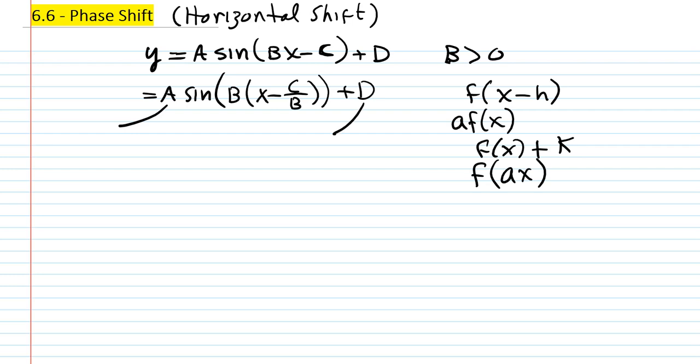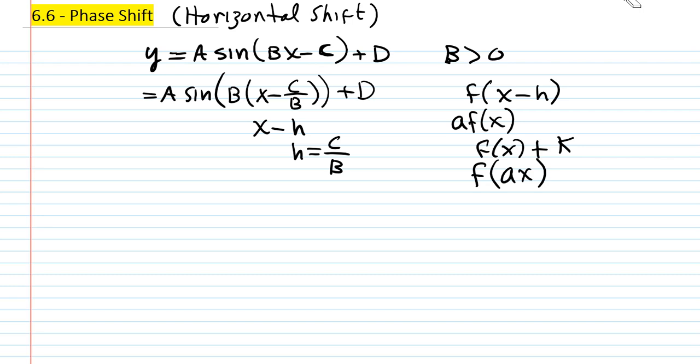We have a vertical shift, and we have a positive constant, which causes a compression or a stretch in the horizontal direction, and the x minus h portion would be the horizontal shift of C over B, because that's what the x minus h is. Your h is C over B.